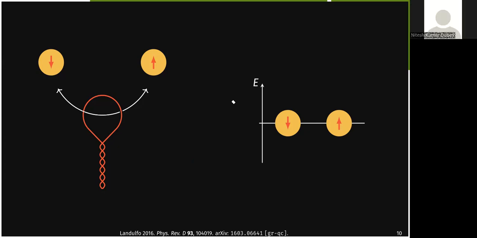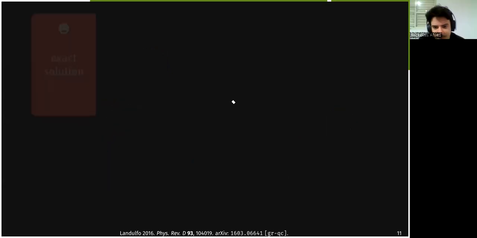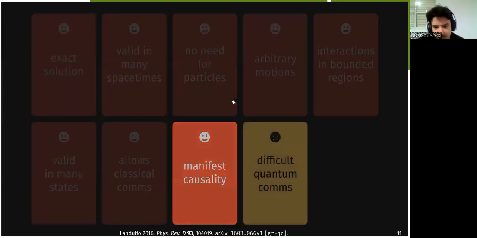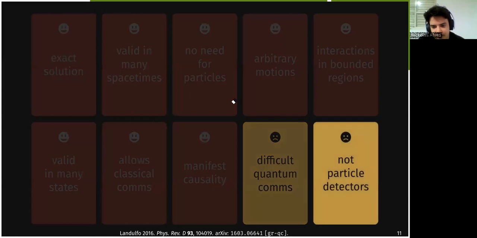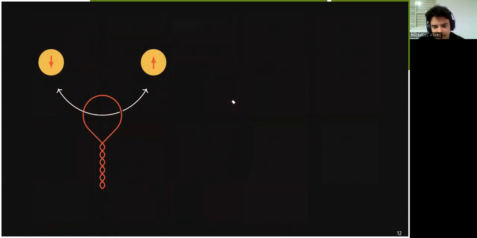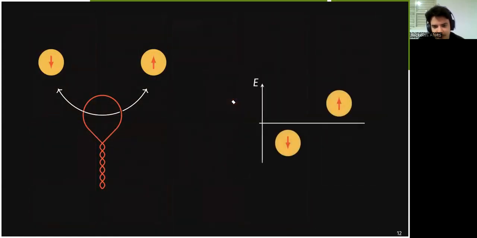So a way to improve on these difficult quantum communications and on the absence of particle detectors is to consider the same interaction but allow now for a non-vanishing gap, so that now the Hamiltonian is just as we had last class, in which it is omega over 2 sigma z. So we now have a difference of energy between the up and down states.